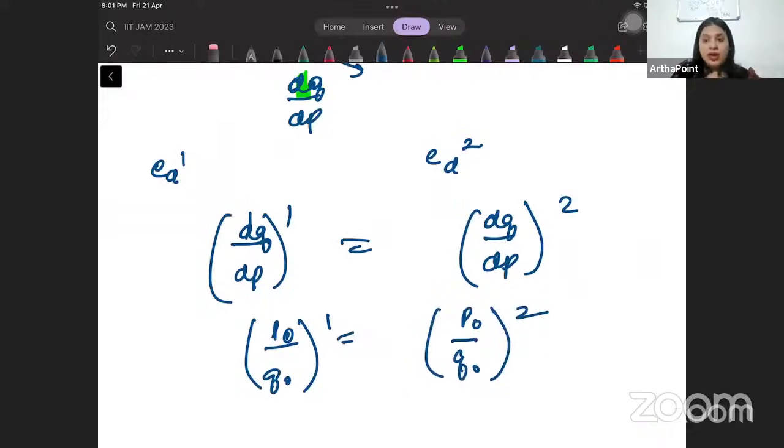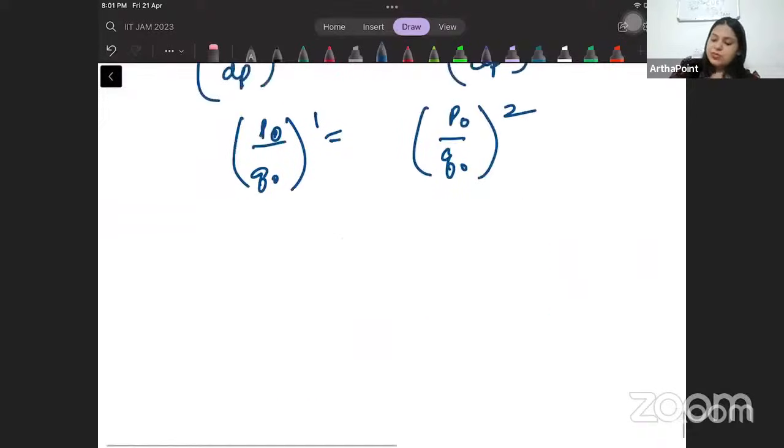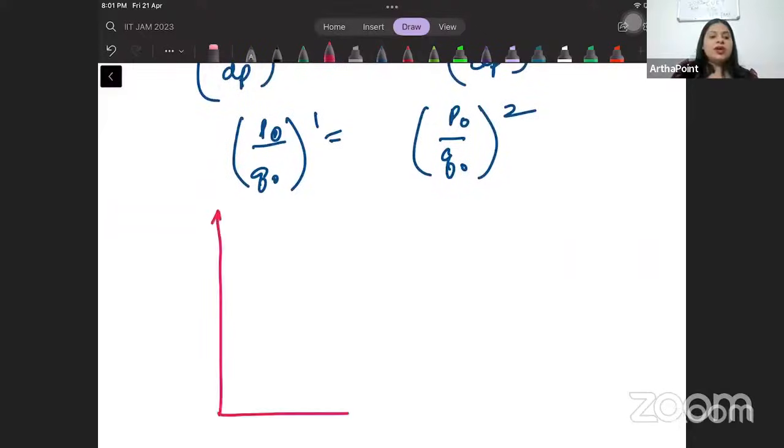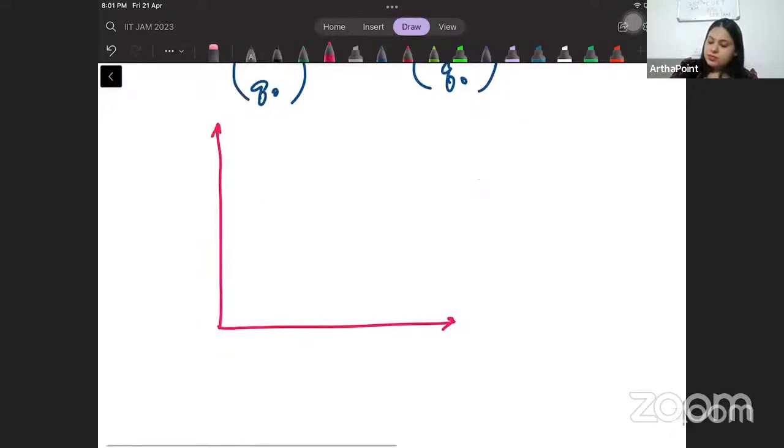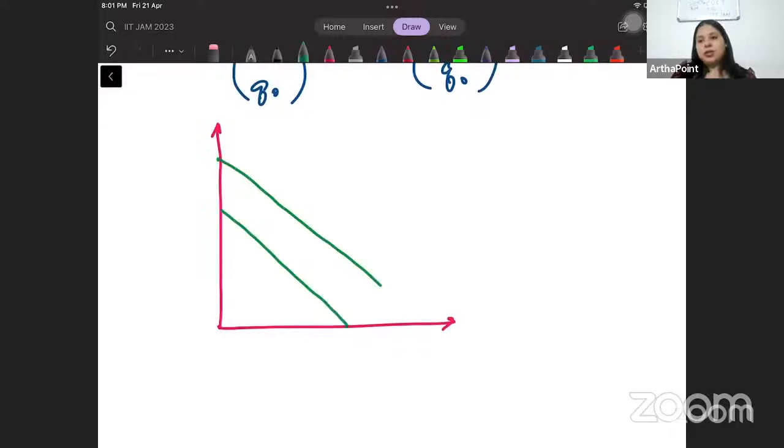In order to prove this, it's very simple. Let us make, let's say, these two demand curves. These are parallel demand curves.